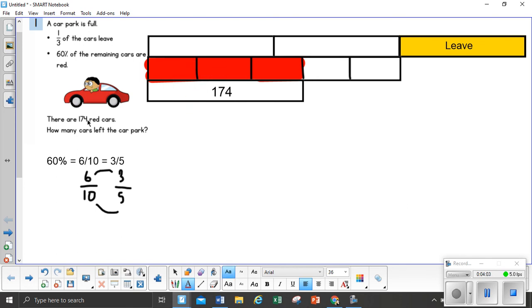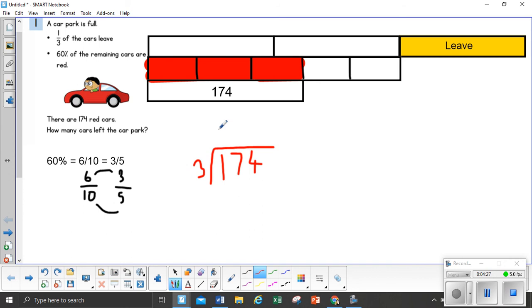Okay, so there are 174 red cars. Now this 174 has 3 parts because it's 3/5. So if I divide 174 by 3.